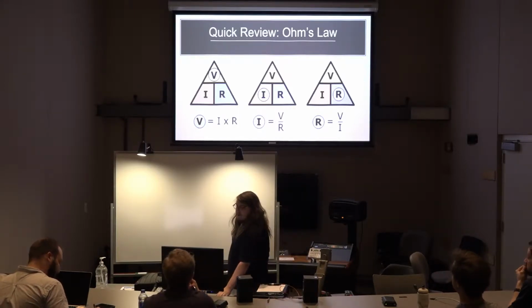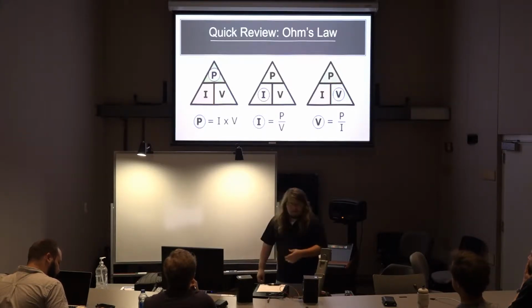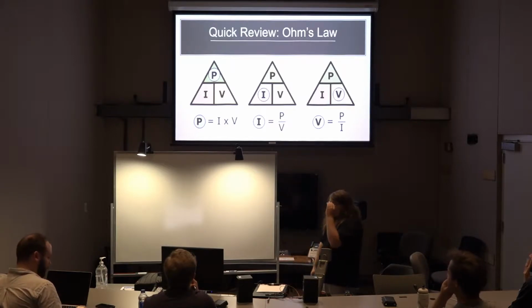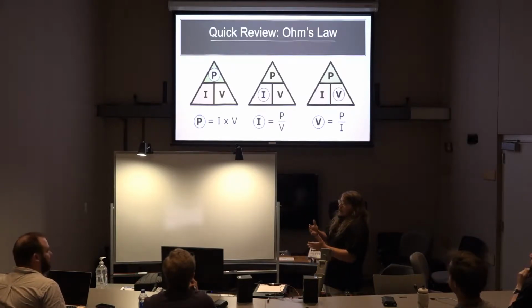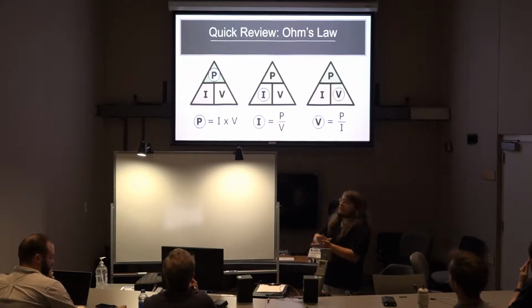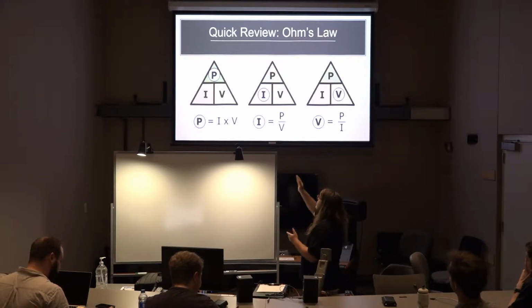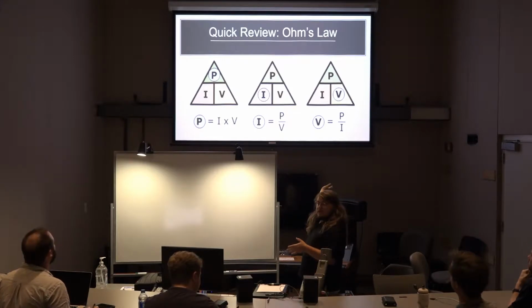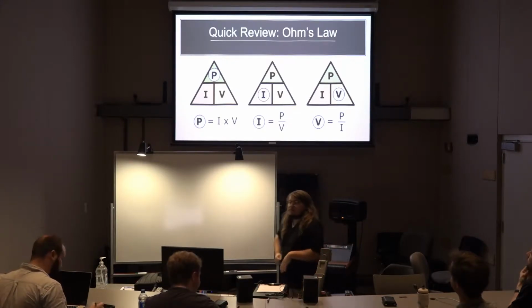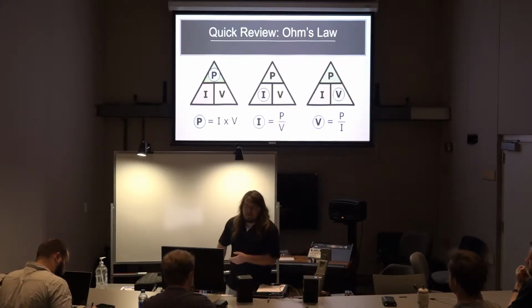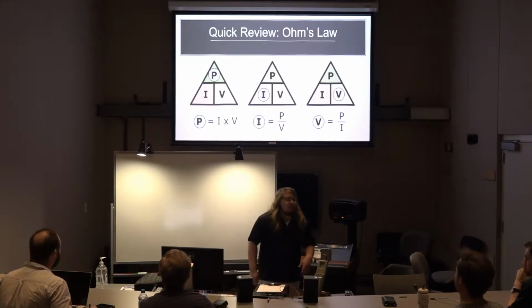So moving on from the voltage, current, and resistance relationship, we have a similar chart showcasing the relationship between power, current, and voltage. I'm not going to beat it to death, but as you can see, a similar relationship is apparent between those three variables as before.